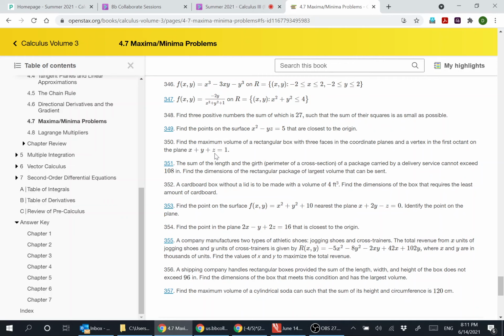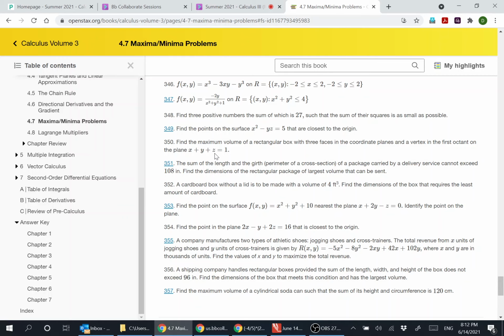What else? Applied maximum minimum problems. So 353, 355. Oh, we don't have. So 352. Let's look at 352.